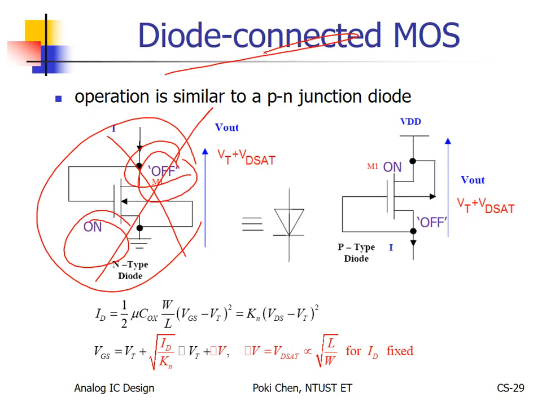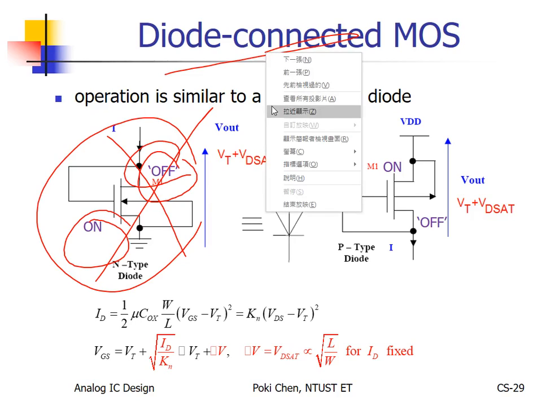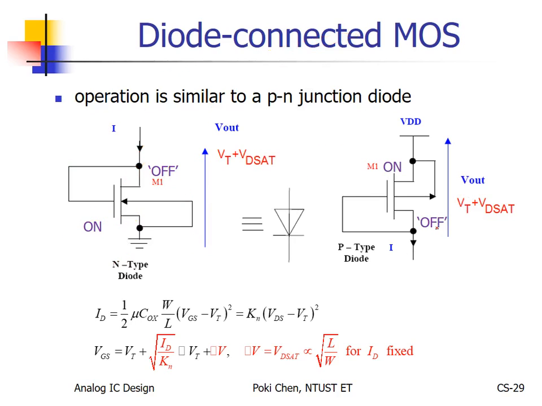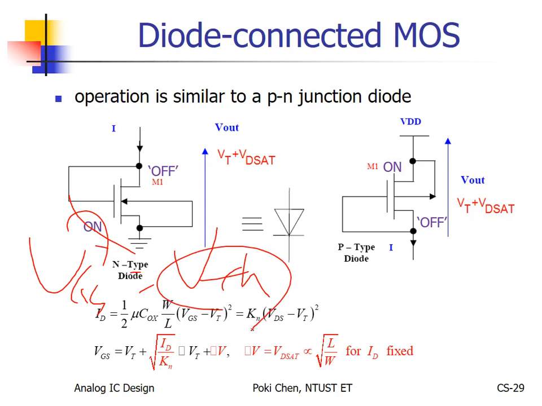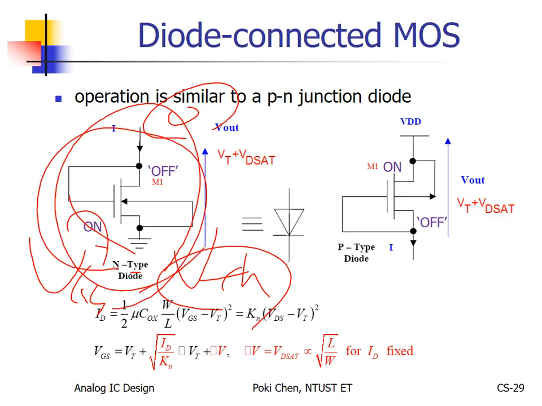But not only the saturation region, that is the so-called strong inversion. If VGS here is about to be off, I mean you cut it to be only VTH, in theory the current will be 0, but in practice, no. That is the so-called weak inversion. So there are 3 possibilities for that kind of diode connected transistor. Strong inversion, that is the usual case.